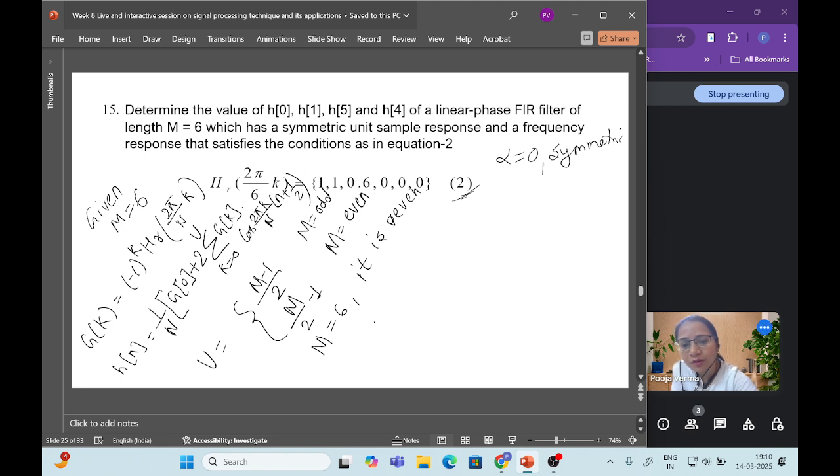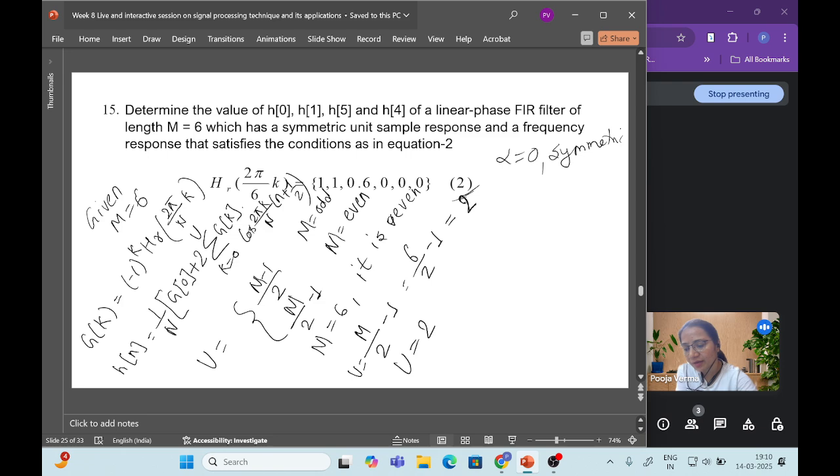So u will be 6/2 minus 1, that is equal to 2. So u is equal to 2. Now we need to determine the other parameters, that is g0, g(k) and so on.